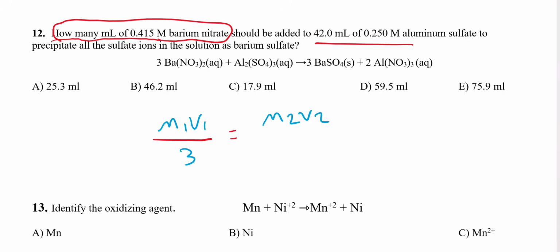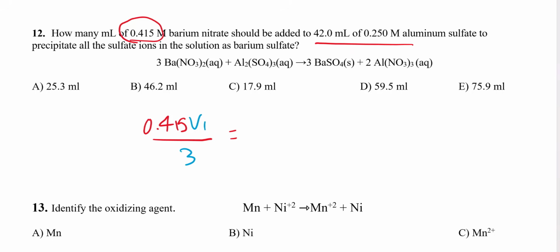Then M1 is equal to 0.415, and M2 is 0.250, and V2 is 42.